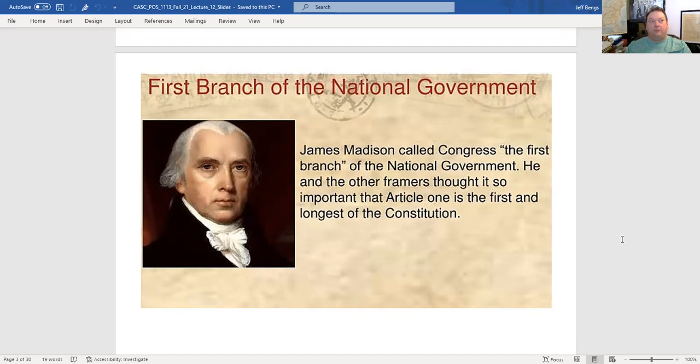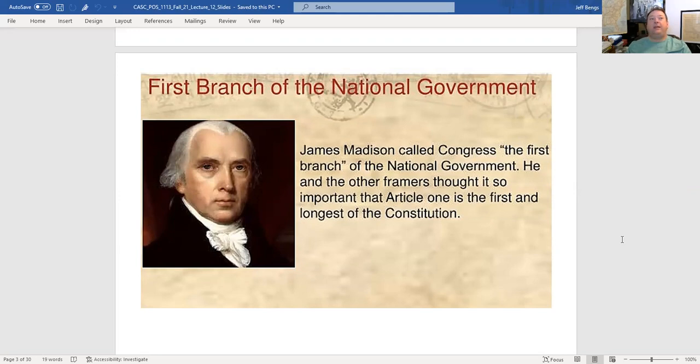We could have a debate about which branch of government is the most powerful. Technically, according to the absolute theory of government, all branches are equal and they have checks and balances on each other.